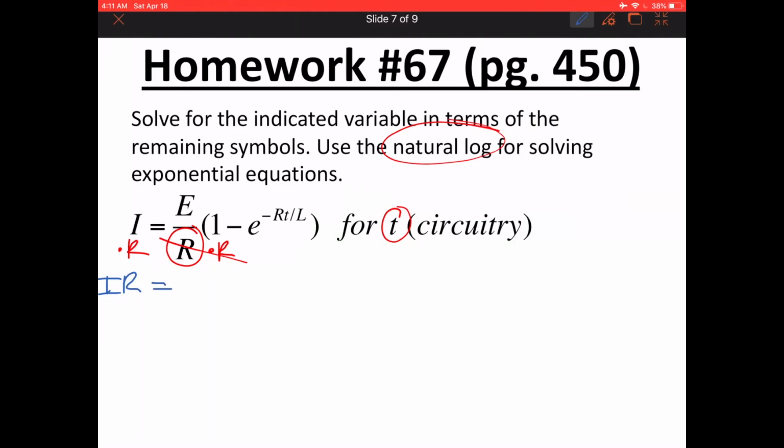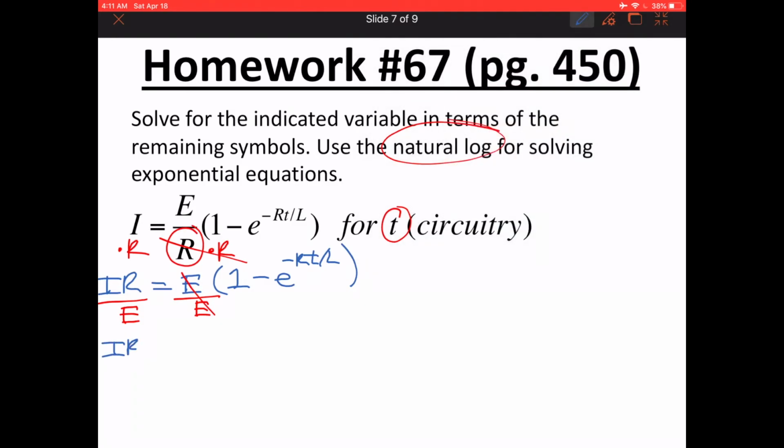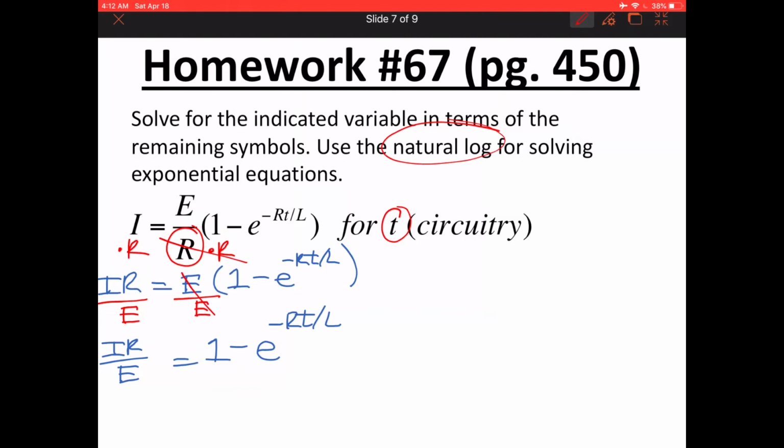So now I have I times r equals e times 1 minus e to the negative RT divided by L. All right, now to get rid of this e, I can divide both sides by e. So now I have IR divided by e equals 1 minus e to the negative RT divided by L. All right, now we have a different problem because now there is something I can add or subtract.